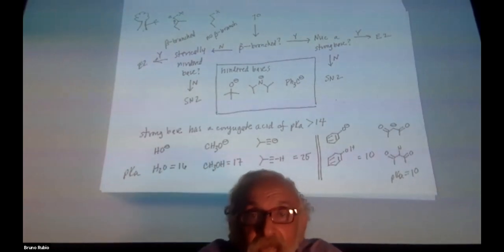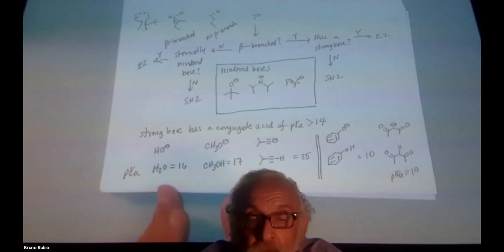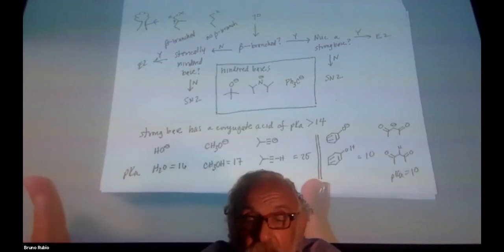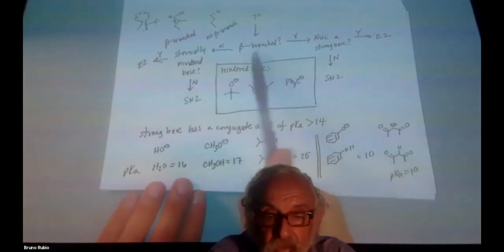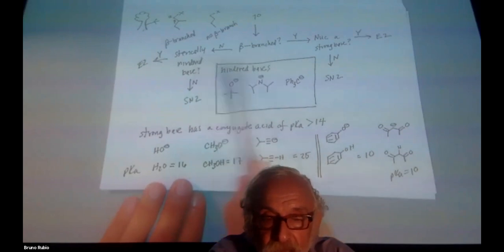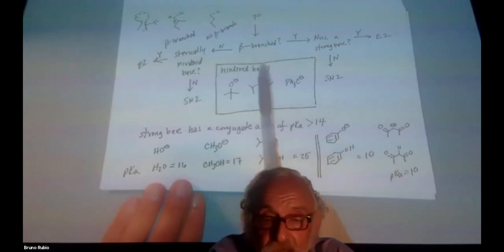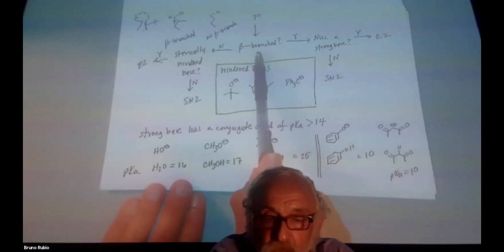Okay, so that's what we're looking for to decide whether we're going to get substitution or elimination with a primary substrate. Is the substrate beta branched? Yes or no? Is the nucleophile a strong base or a hindered base? Yes or no? See, the thing is that beta branching, that is an enemy of substitution.